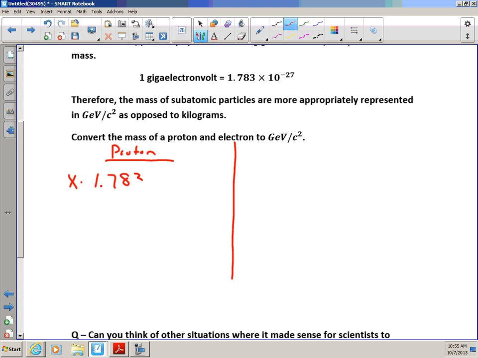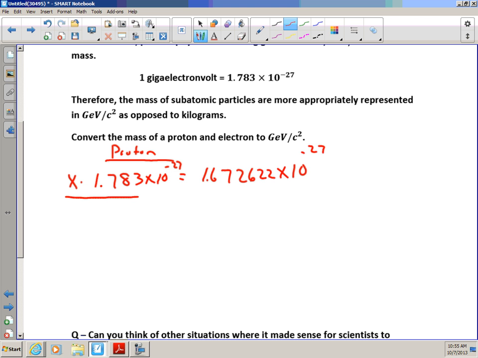1.783 times 10 to the negative 27 is equal to 1.672622 times 10 to the negative 27th. Well, I want to know how many giga-electron volts it takes to convert over the mass of one proton.